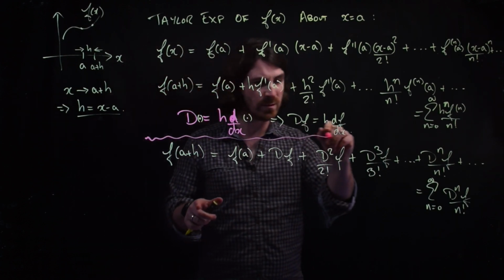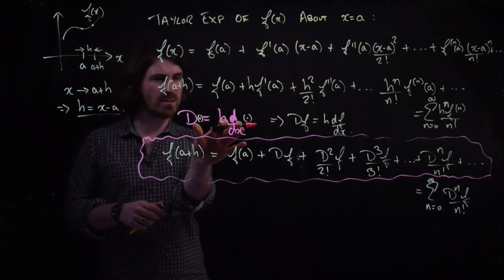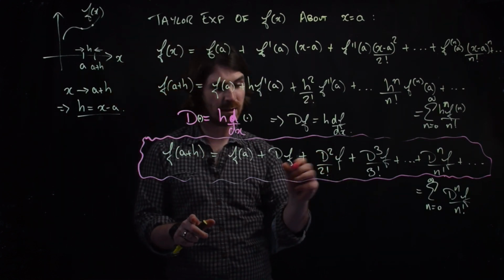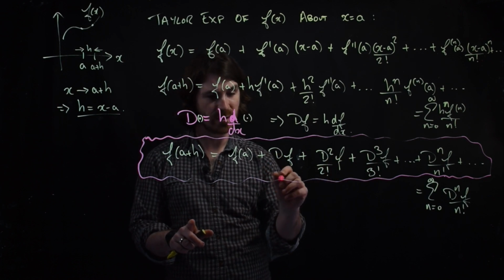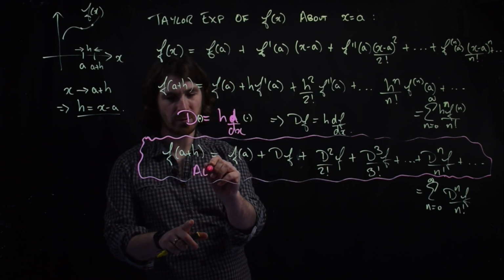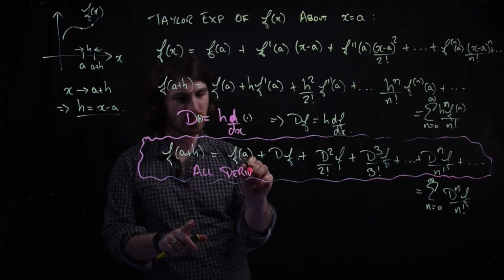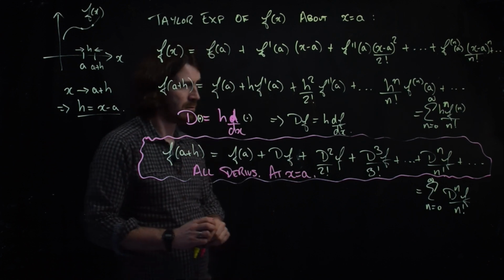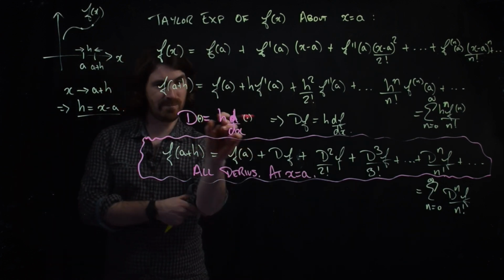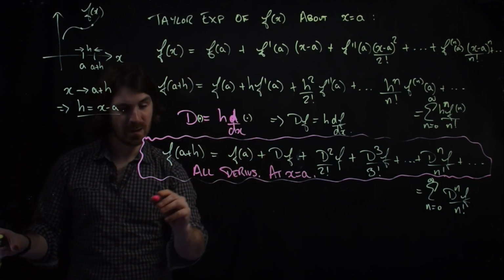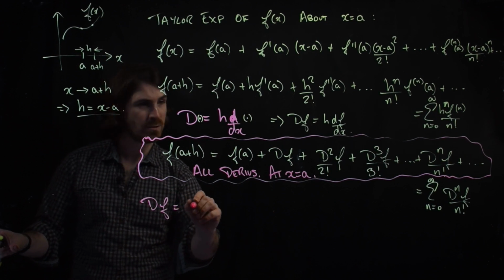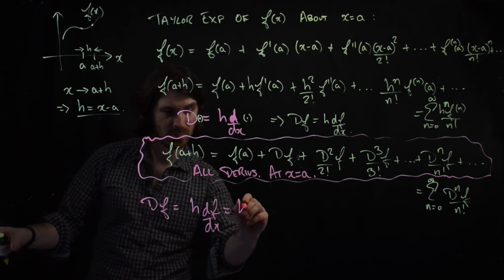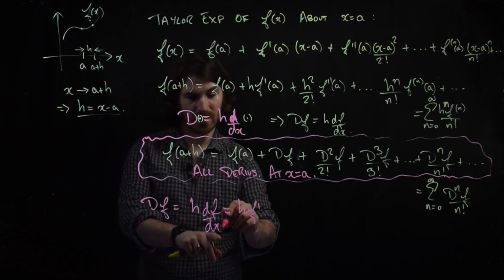So we've got this thing, and d is this operator, and it's understood that all the derivatives here are taken at the point x equals a. We can check that this d thing works. So df is just h df by dx, which is just h f prime, evaluated at a.